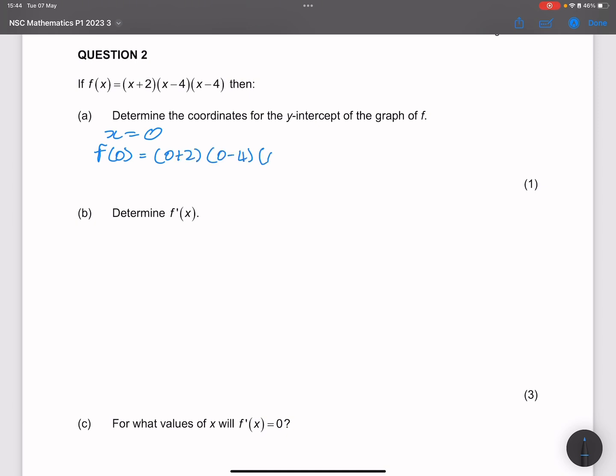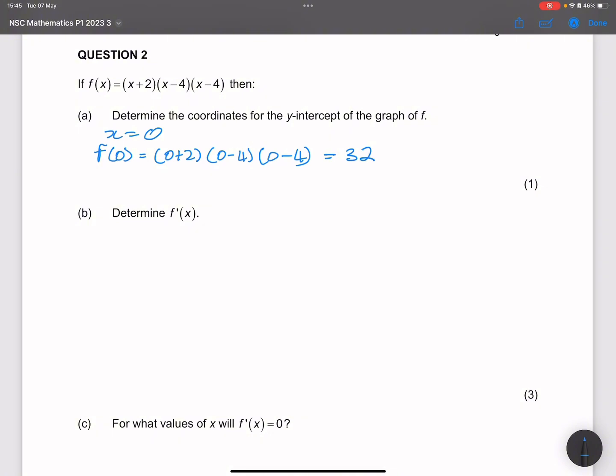If we multiply those out, this would be 2 times negative 4 times negative 4. In that case, 4 times 4 is 16, times 2 gives us 32. So our y-intercept is 32.